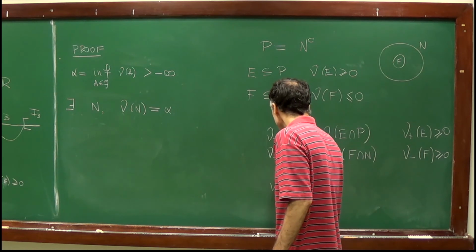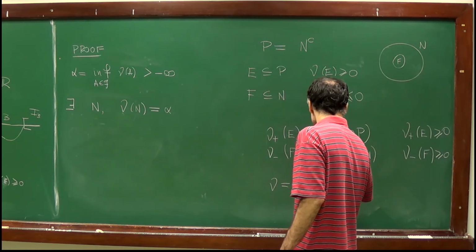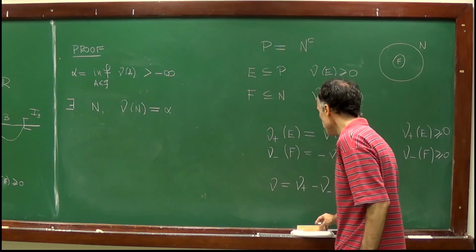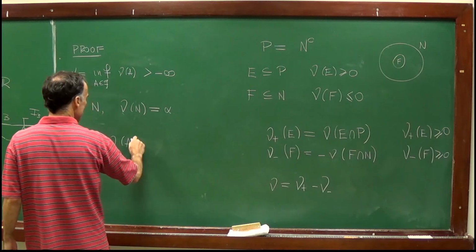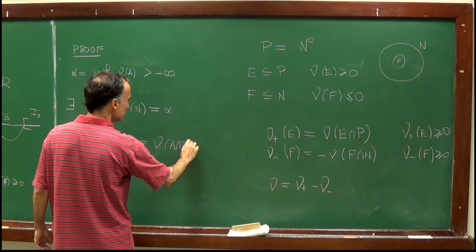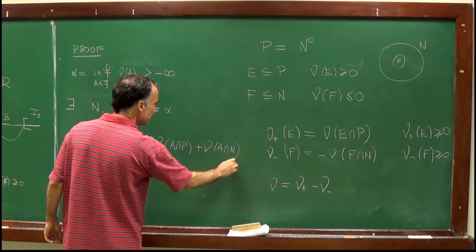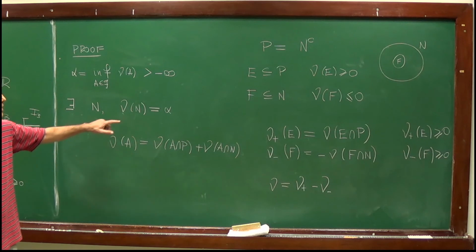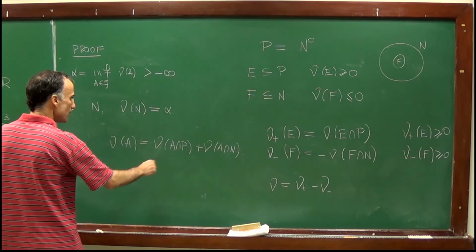And I can always write nu as nu plus minus nu minus, because if you take a set A, nu of A, you can always write that as nu of A intersection P plus nu of A intersection N, right? Because P and N form a partition of the set omega.